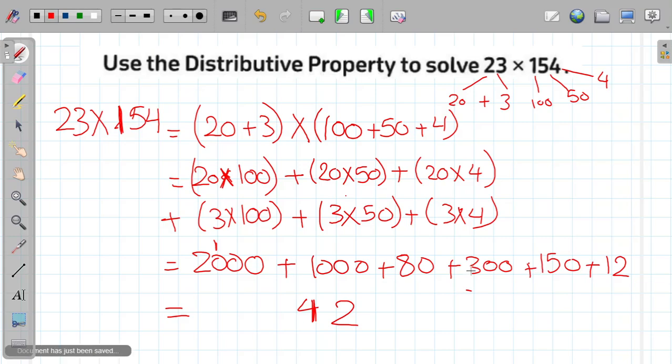So 1 plus 3 plus 1 equals 5. Okay? And the thousands place, I have 2 plus 1 equals 3. So the result will be 3,542. Okay?